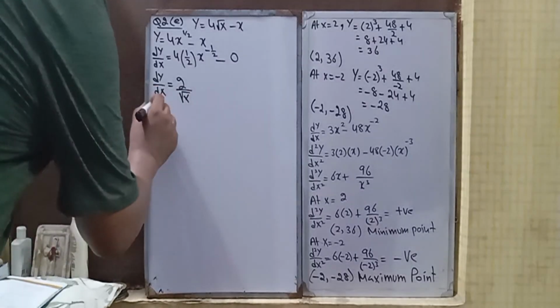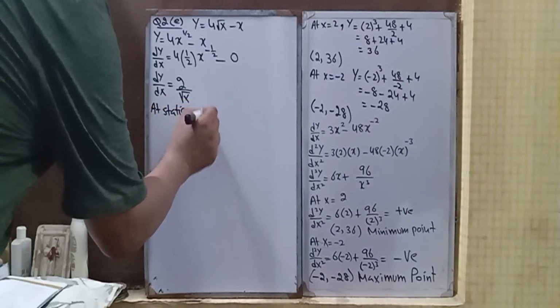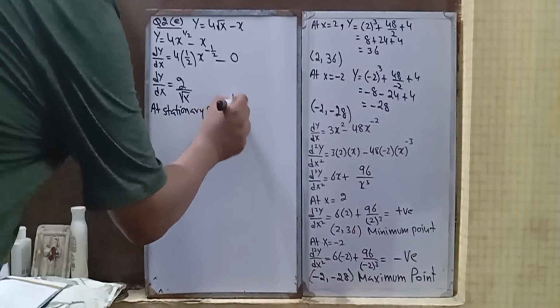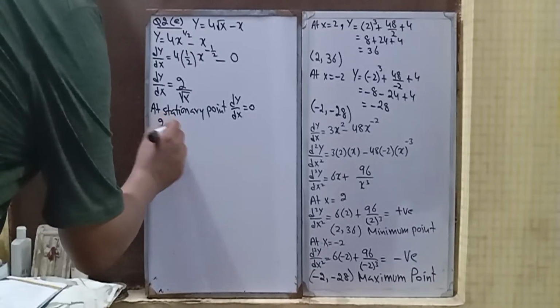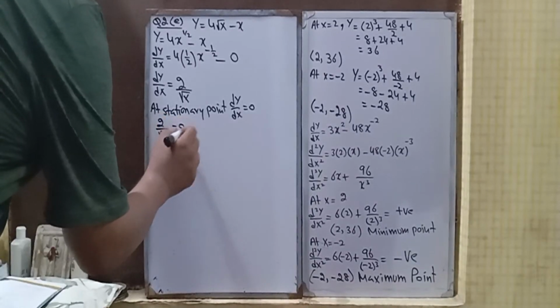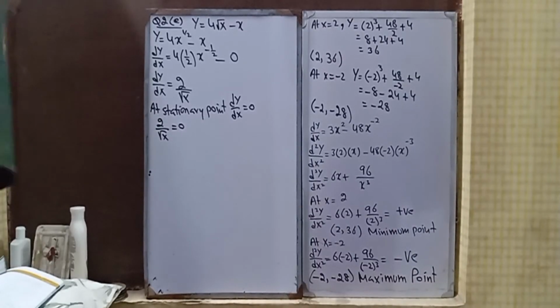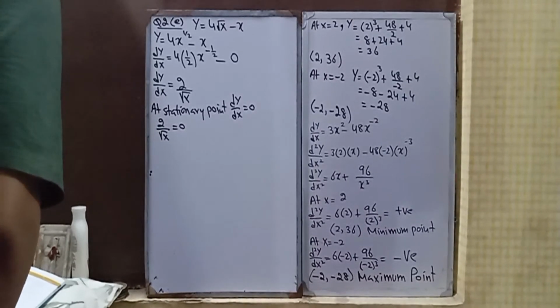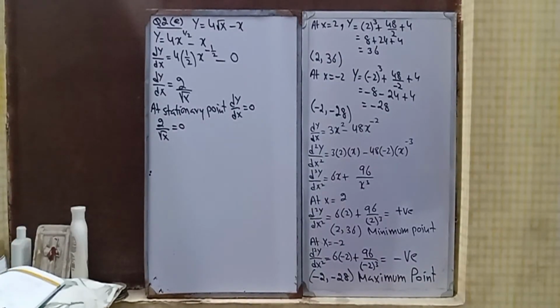And at a stationary point, the value of dy by dx is 0, so I will make this equal to 0. Let me check, something went wrong. 4 under root x minus x.